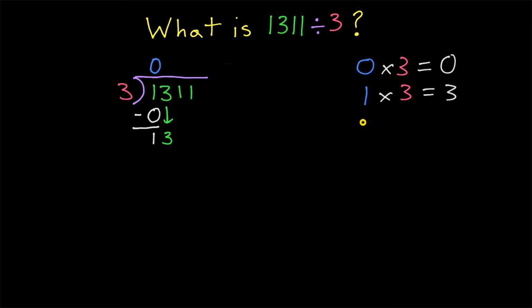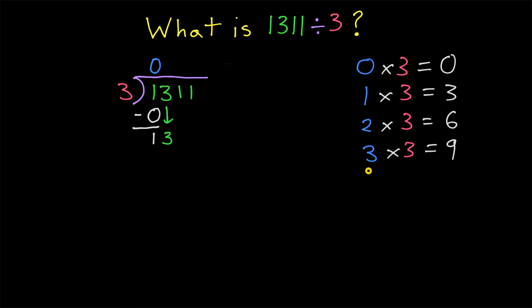What about 2? 2 times 3 is equal to 6. 6 is less than 13, so 2 is fine. Let's move on. What about 3? 3 times 3 is equal to 9. 9 is less than or equal to 13, so 3 is fine.